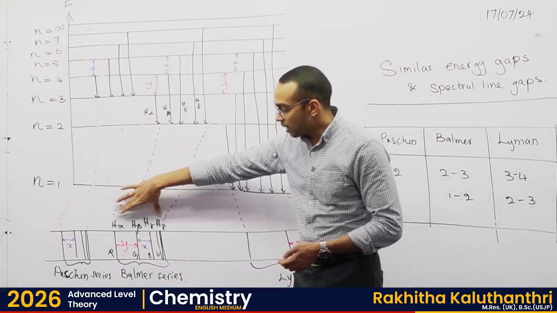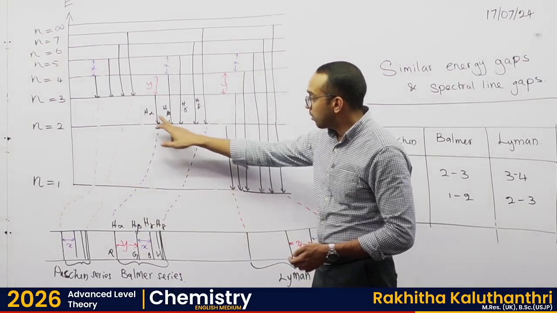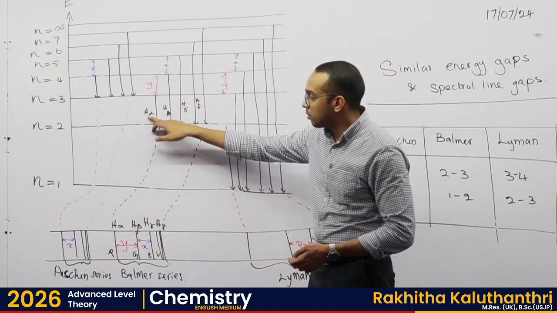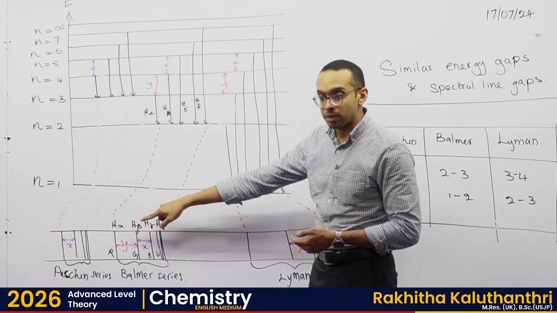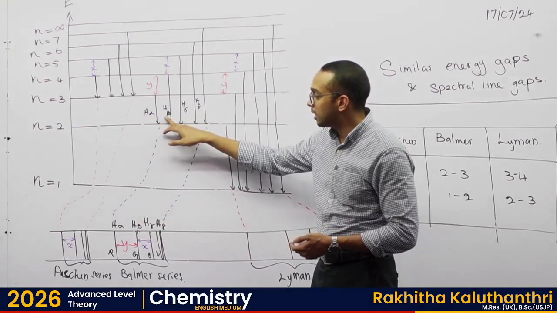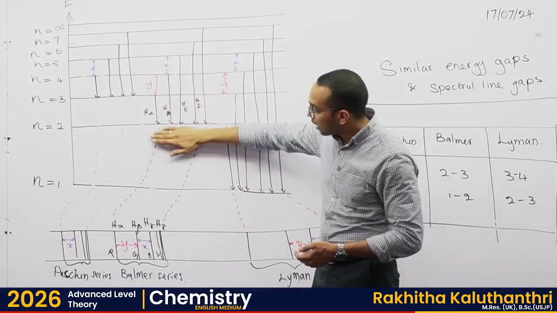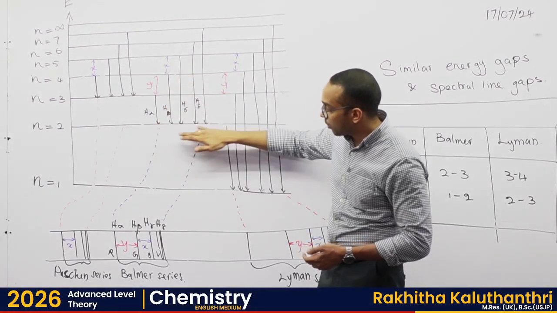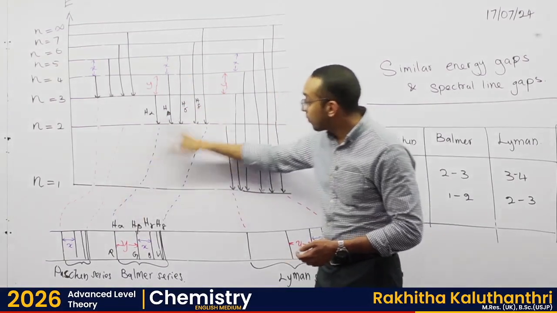So these are the ones present within the visible light region. Now imagine this electron transition corresponds to the H alpha line that we see in the spectrum here. This particular electron transition corresponds to H beta, H gamma, and H delta. So by this point we have finished talking about the visible light region of the Balmer series.